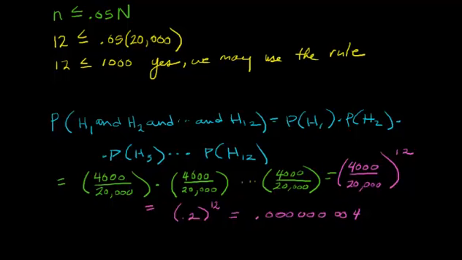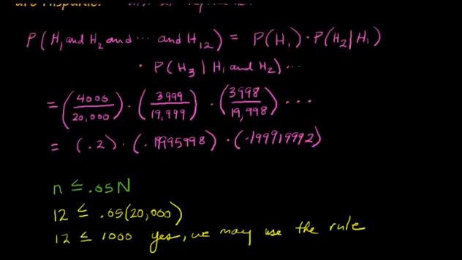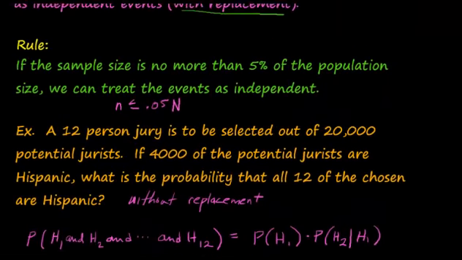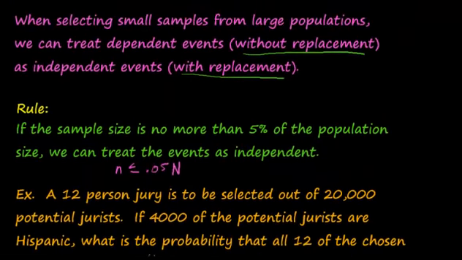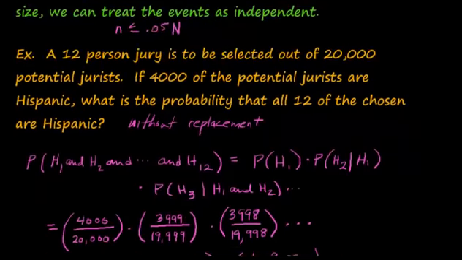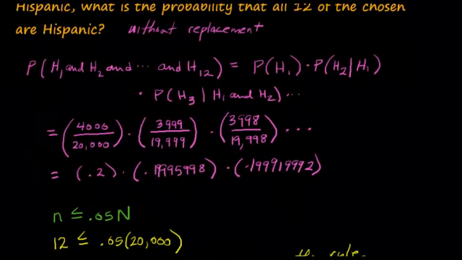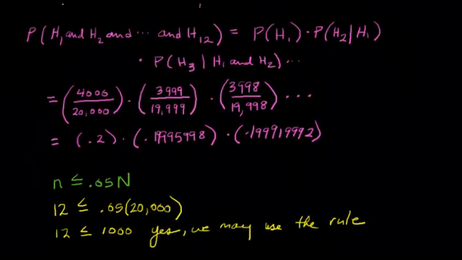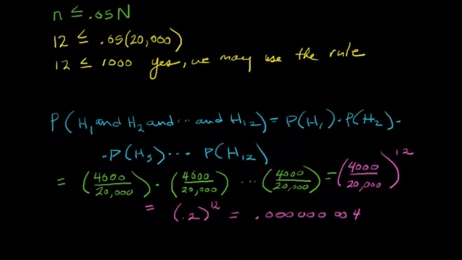So when we have small sample sizes relative to our population, that's what the rule says, if the sample size is just 5% or less of our population, then it's unnecessary to worry about the conditional probabilities, and it certainly makes our work a lot easier.